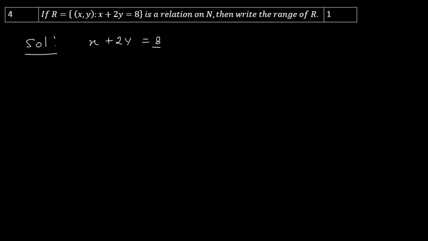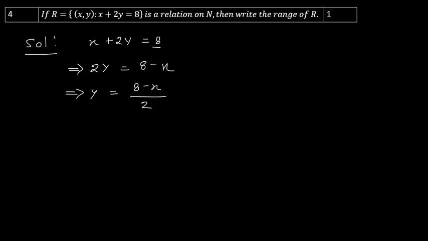So let us first rearrange this equation and find the value of y. This implies 2y is equal to 8 minus x, so y is equal to (8 minus x) divided by 2. So this is the value of y.